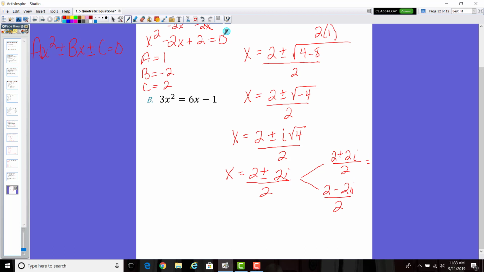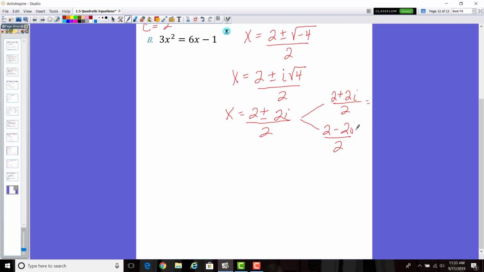Remember, MyMathLab will require you to separate those. So you have 2 over 2 plus 2i over 2, which equals 1 plus i. And then we have 2 over 2 minus 2i over 2, which equals 1 minus i.